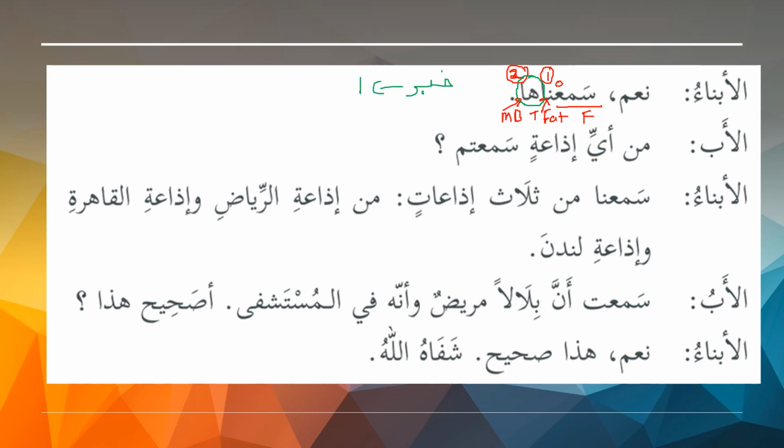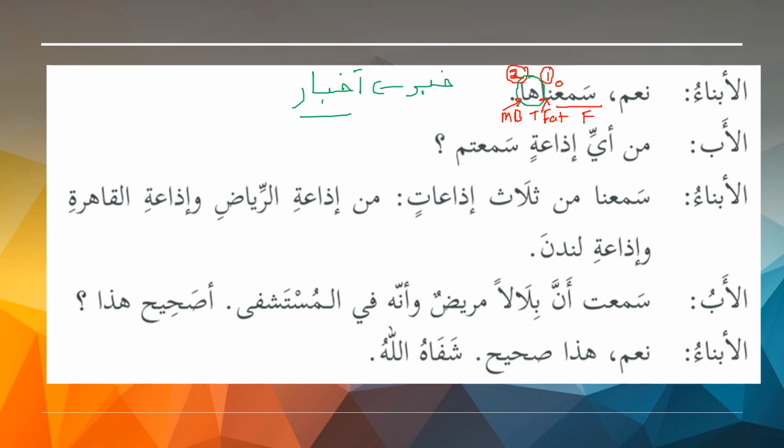So what kind of plural is this? Akhbar is a noun of the ghair aqil plural, right? That's why the ha damir has been taken, singular feminine damir for the ghair aqil. Sami'na ha means we heard it.